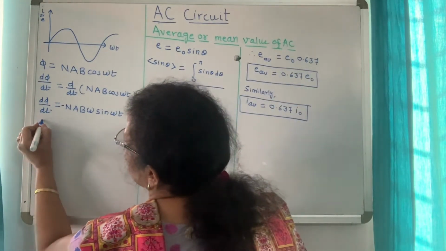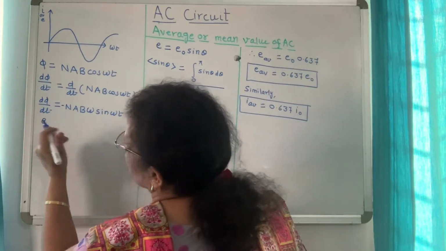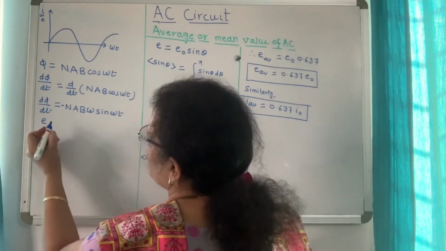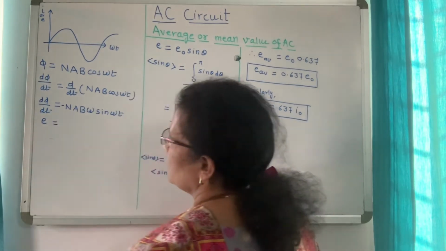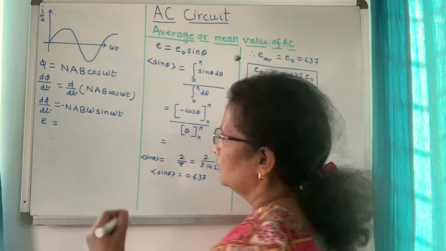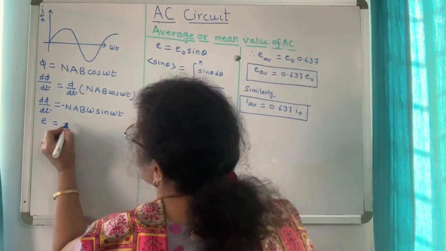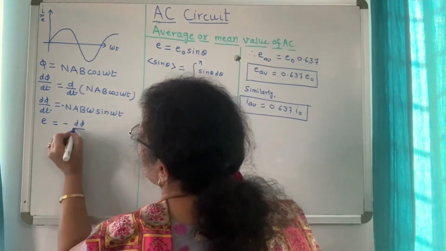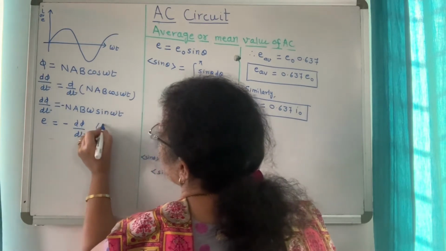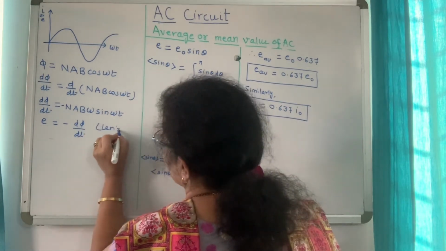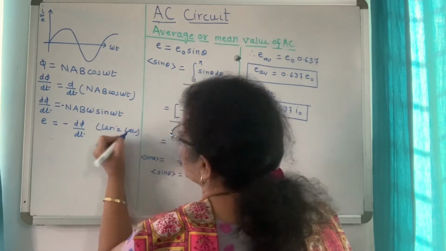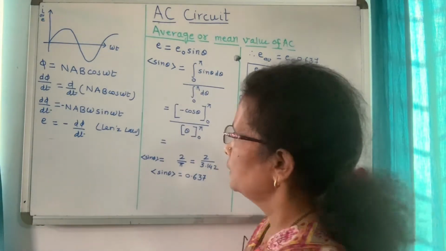Now E is equal to, using the second law of electromagnetic induction, what is E? Using Lenz's law, E is equal to minus d phi by dt. That is Lenz's law. Okay, understood?